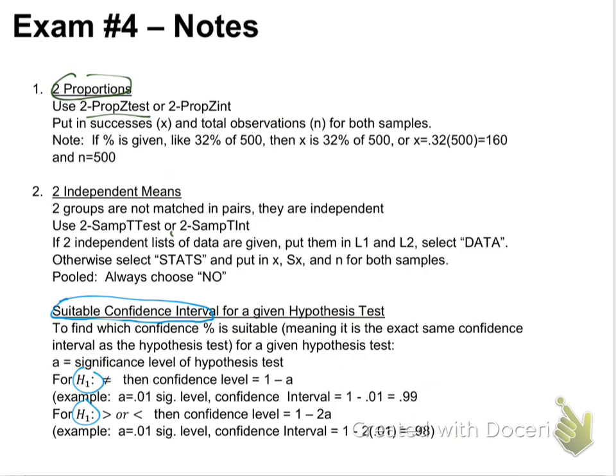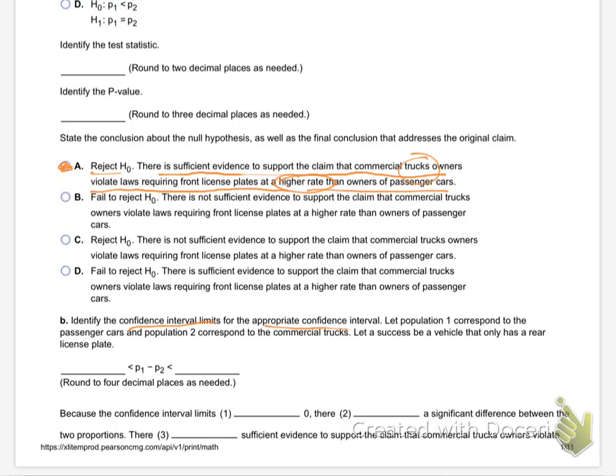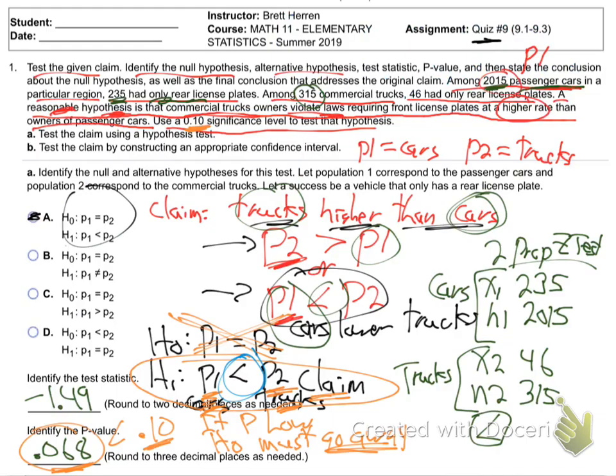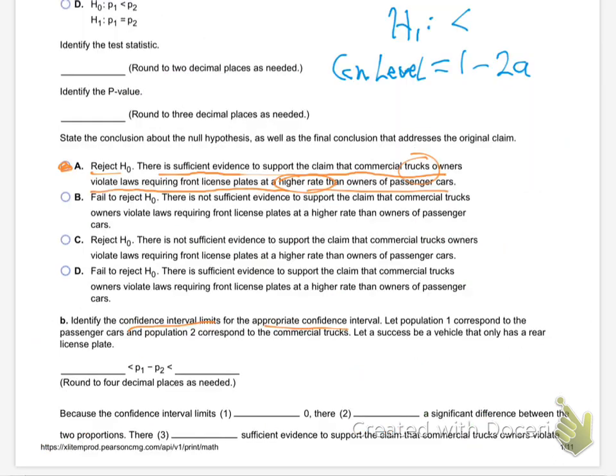So for less than, it's this case here, 1 minus 2a. So the confidence level is 1 minus 2a. What's the a here? The a is the significance level, 0.10.